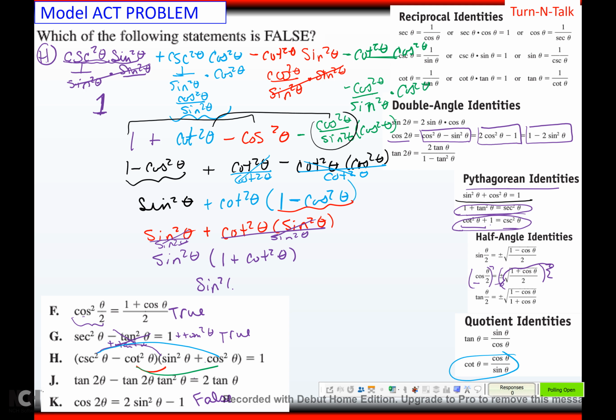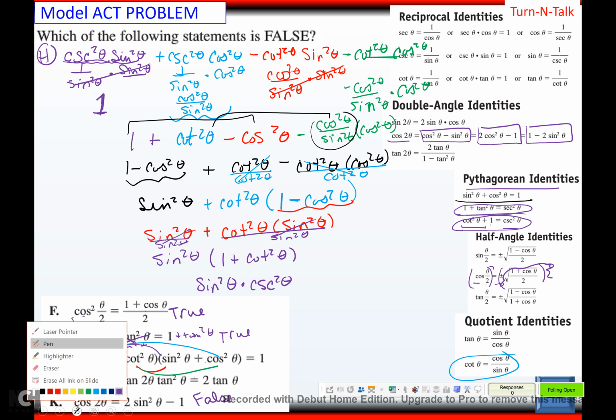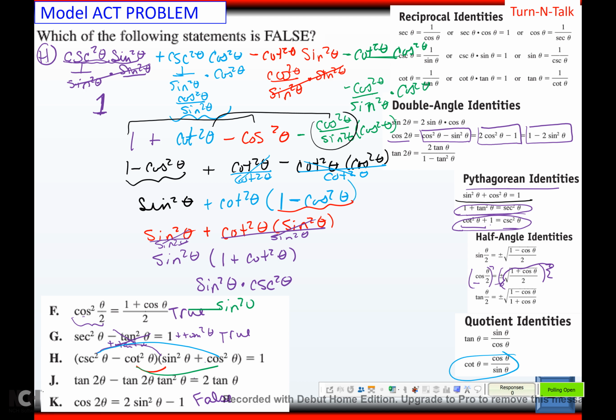So I have sine squared theta times cosecant squared theta. Well, cosecant is reciprocal to sine, so cosecant squared is 1 over sine squared theta. Those cancel, and sure enough, I get 1, so it's true.